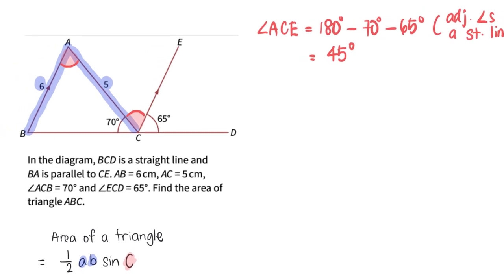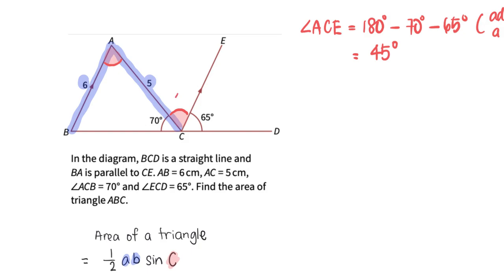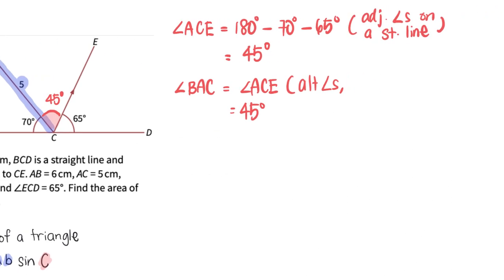And once I know this, I will then be able to gather that this is also 45 degrees because they are alternate angles. So angle BAC is equal to angle ACE because they are alternate angles where the lines BA and CE are parallel.